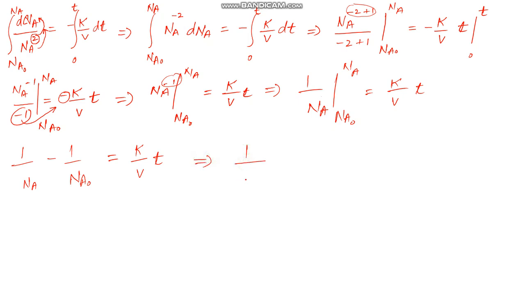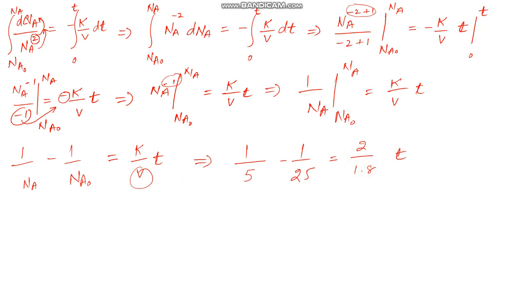So what is 1 over Na? It is 5. What is Na naught? It is 25. What is K? Just check it, K is 2. And what is volume? Volume is 1.8, multiplied by t.